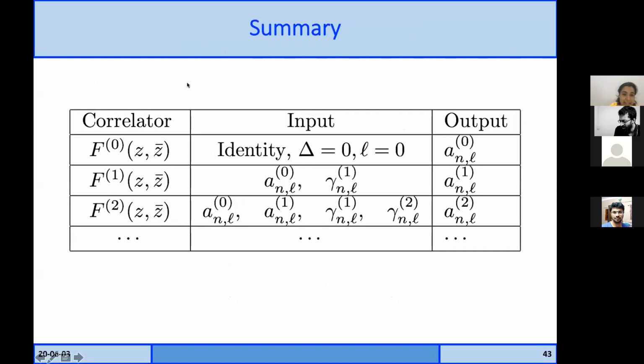So let me summarize. Using the dispersion relation, you can compute the correlator order by order in any perturbative parameter, and you can use the dimensions as your input. For the first order correlator, you just need the identity, which is this, and you end up getting this F0, and from that you can extract the order 0 OPE coefficient. At next order, you use this order 0 OPE coefficient and order 1 dimension as your input, and you compute F1.